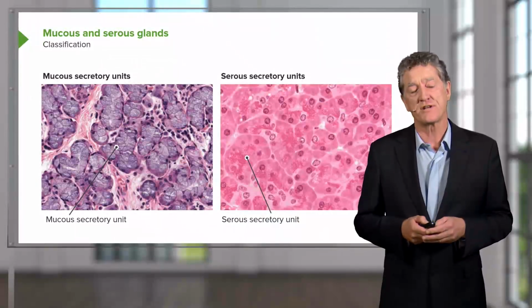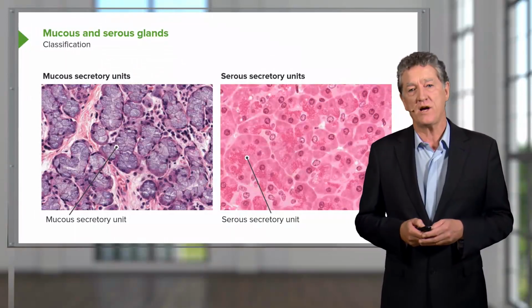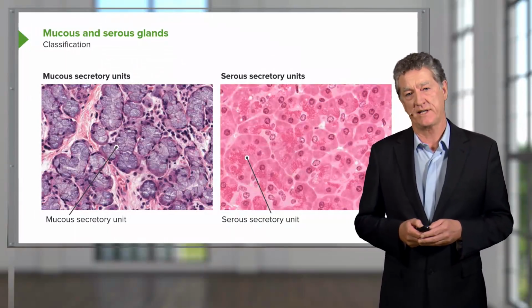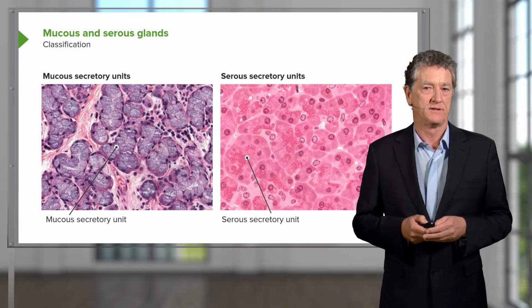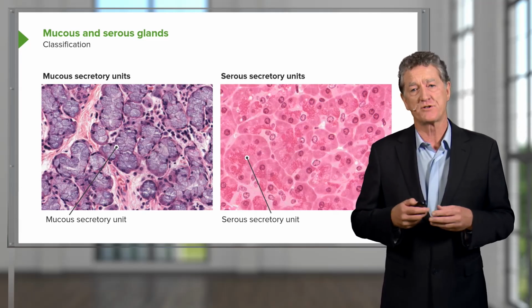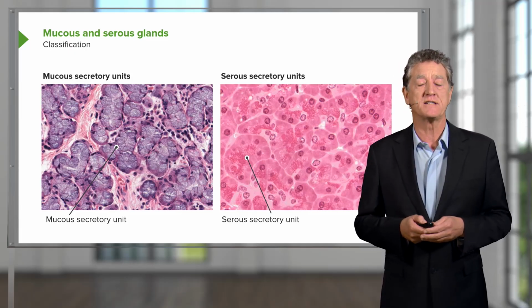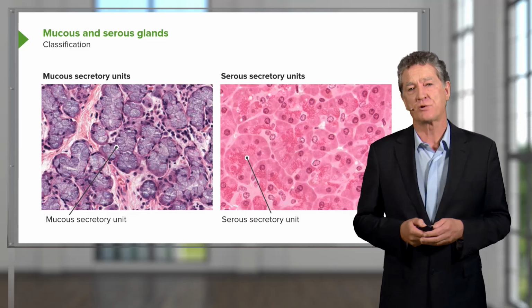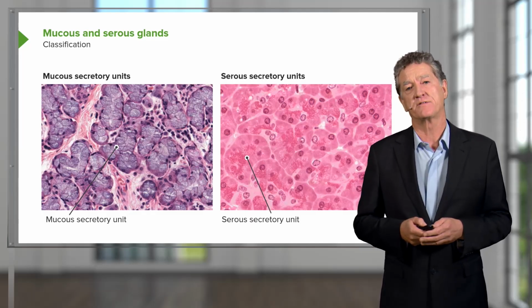Here, in some way, they've been a little bit retained. On the right-hand side, you see serous-secreting cells. These are proteins. And if the tissue is being preserved very well, you can see little tiny granules containing these protein secretory products stored in small vesicles at the apex of the cells.